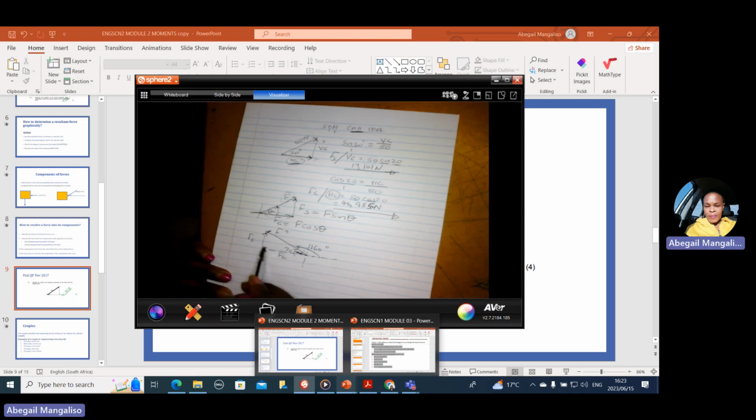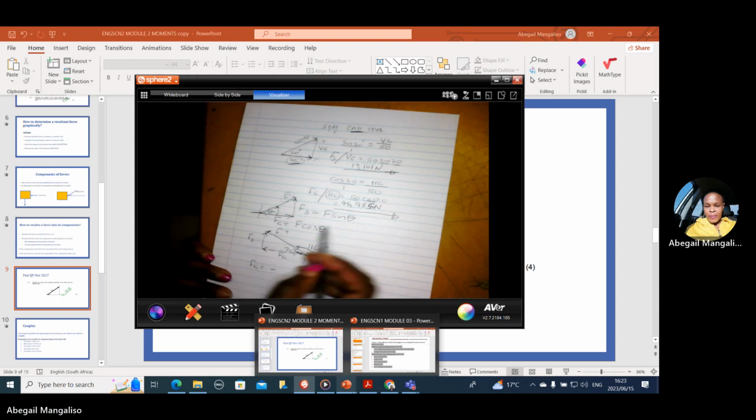On the second quadrant, X is negative. So the Fc will be equal to minus F cos theta. But Fs will be positive, because Y is positive on the second quadrant. So the Fs will be positive F sine of theta.